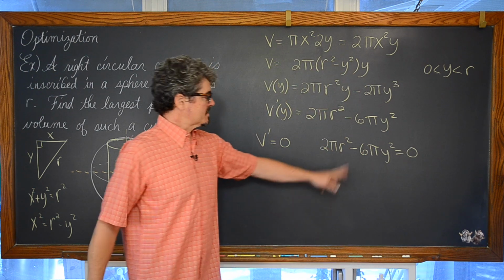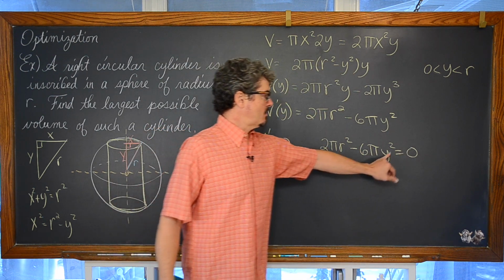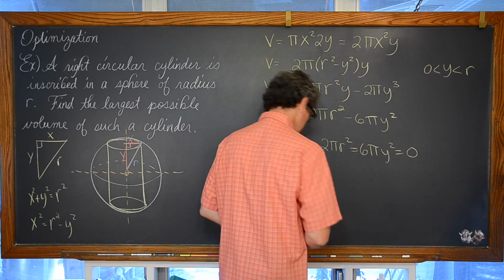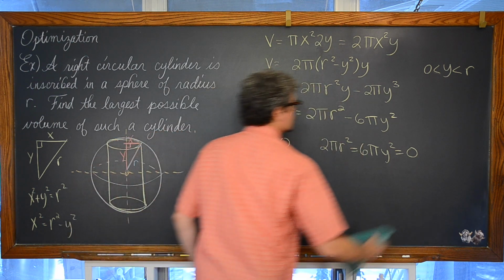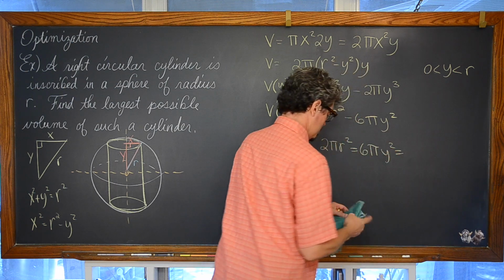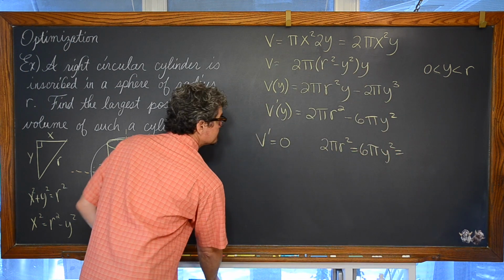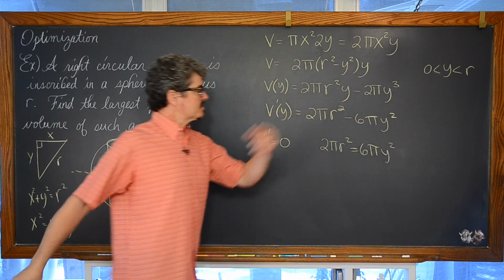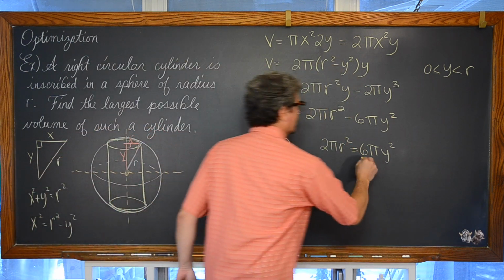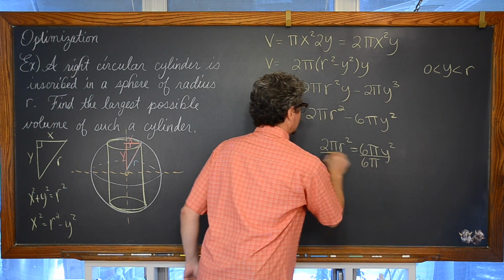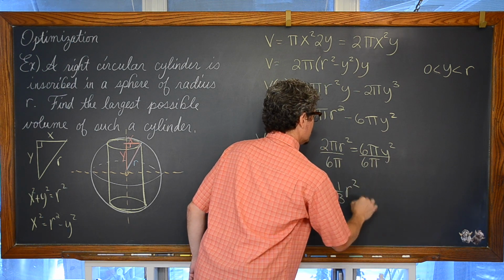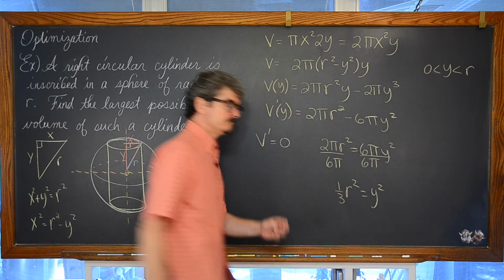But of course we can add 6 pi y squared to both sides, giving us that 2 pi r squared is equal to 6 pi y squared. Dividing both sides by 6 pi, we have 1/3 r squared is equal to y squared.